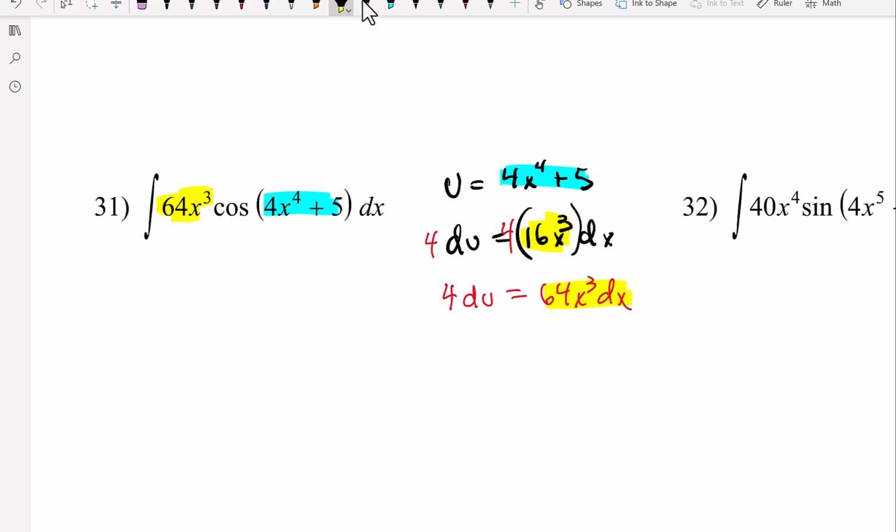And this thing right here matches with this. So what that means is there's going to be a multiplier outside here. This 4 right here comes outside here. And then what we have left is cosine of u du.